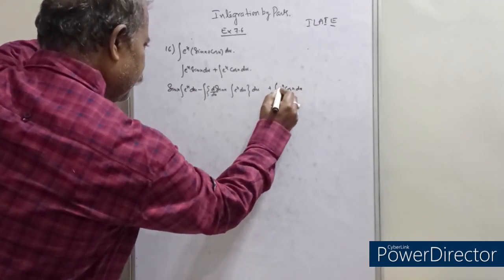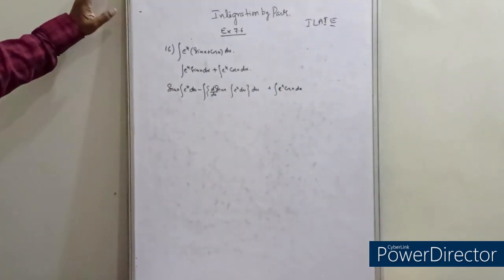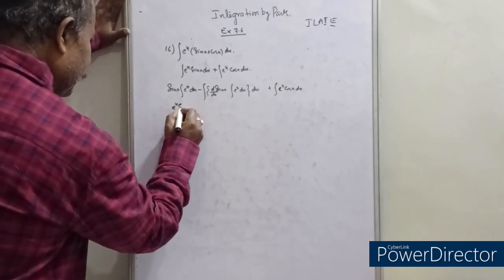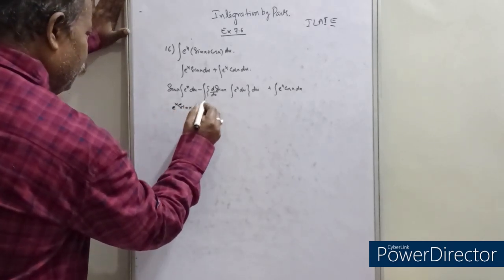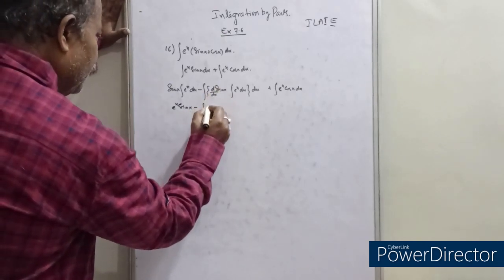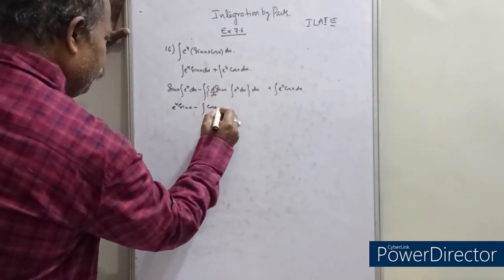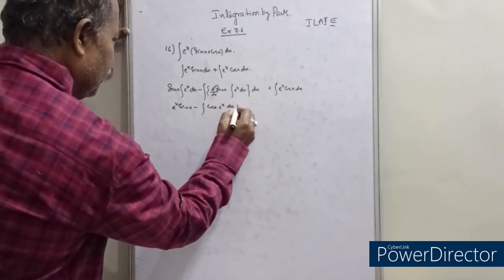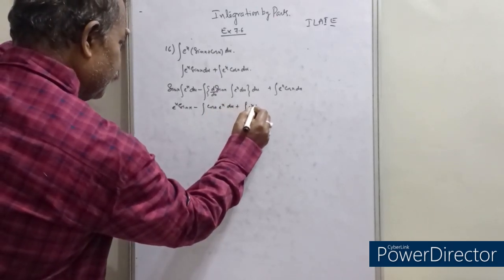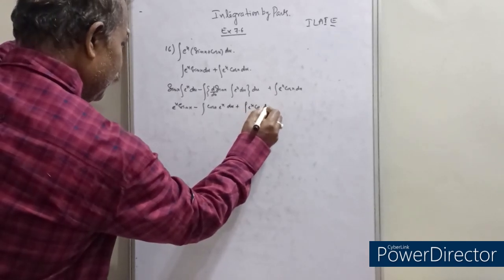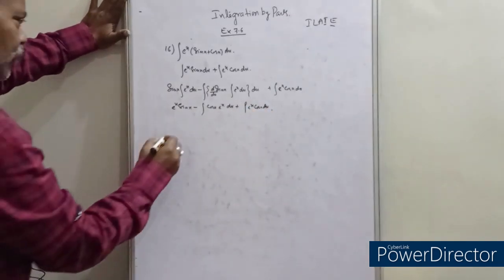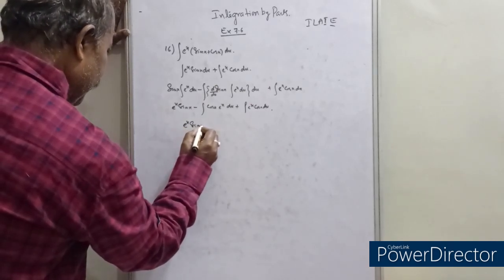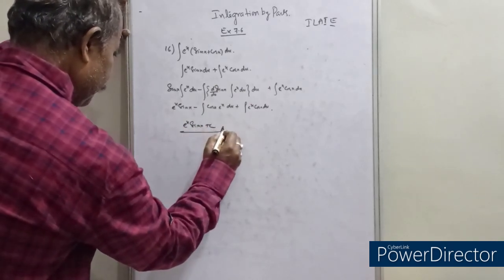So here you see this is e to the power of x sin x minus the differentiation of sin x, which is cos x, and e to the power of x, then dx, plus e to the power of x cos x dx. Here you see these two cancel out, so the answer remains e to the power of x sin x plus c. This is your answer.